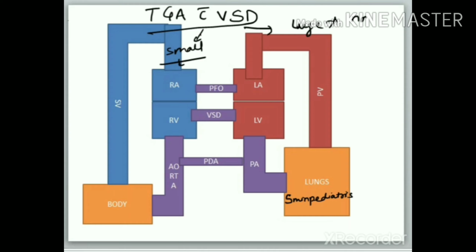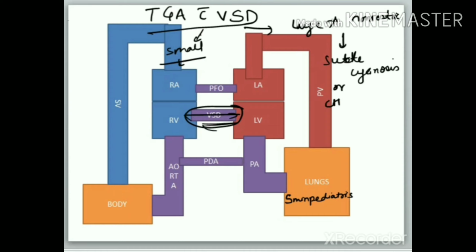If it is large and non-restrictive, mixing is too much, so the child has subtle cyanosis, you cannot easily pick up the cyanosis, or may present with congestive heart failure. Here the mixing is sufficient enough.